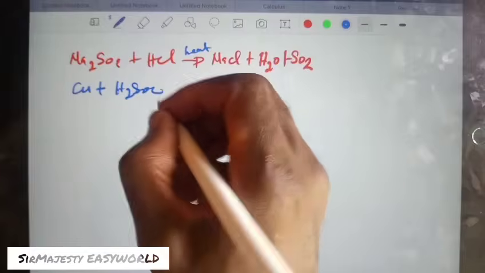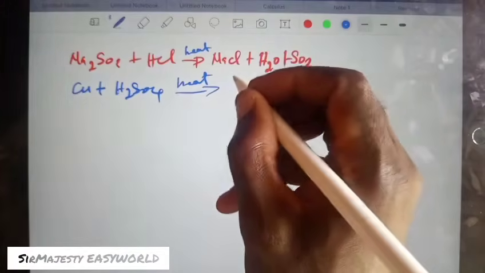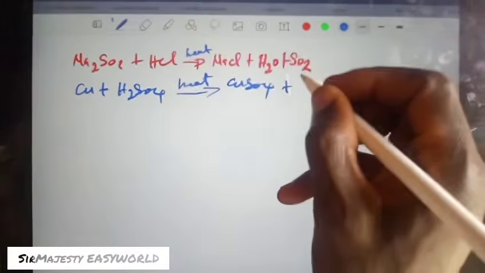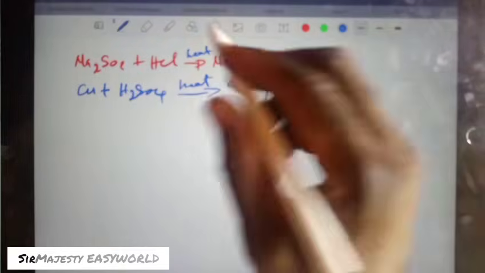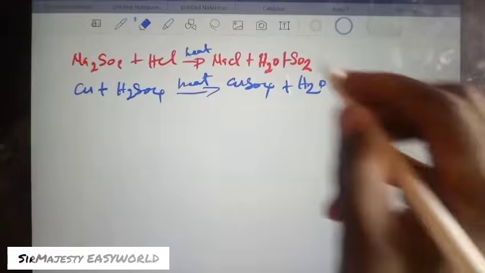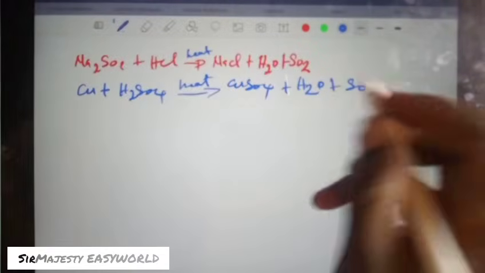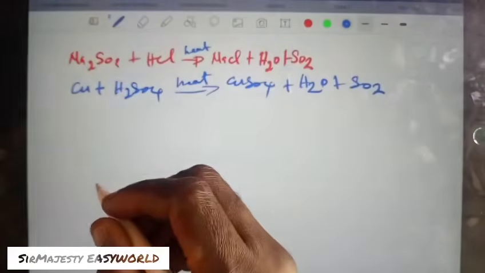Under the action of heat, H2SO4 will give you copper(II) sulfate plus water plus SO2. So whichever one, what matters is the diagrammatic representation.